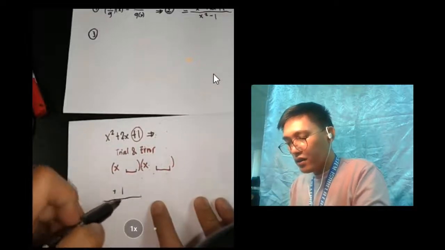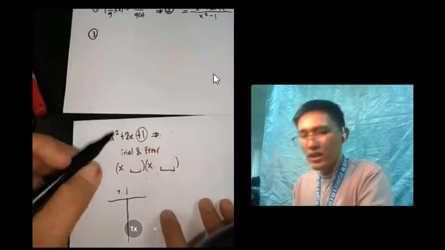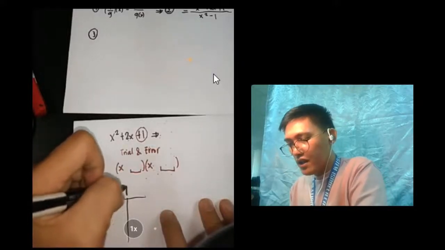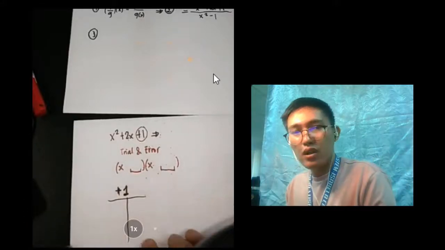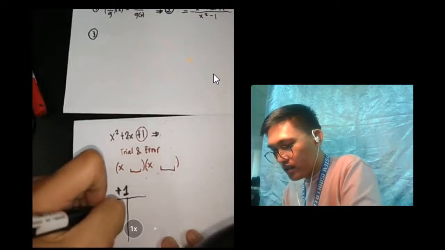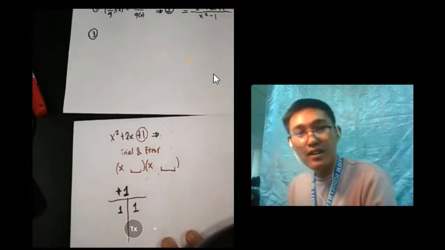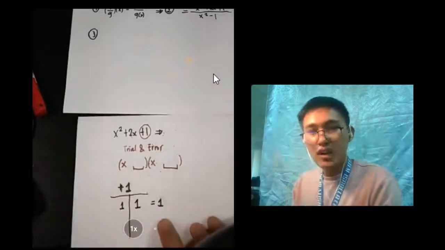So get the positive 1, and after that get the multiples of positive 1. What are the multiples of positive 1? The only one is 1 multiplied by 1, right? 1 times 1 equals 1. When I say multiples, you just multiply. 1 times 1 equals 1.